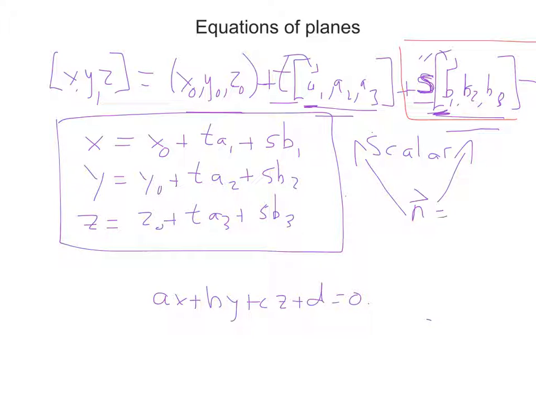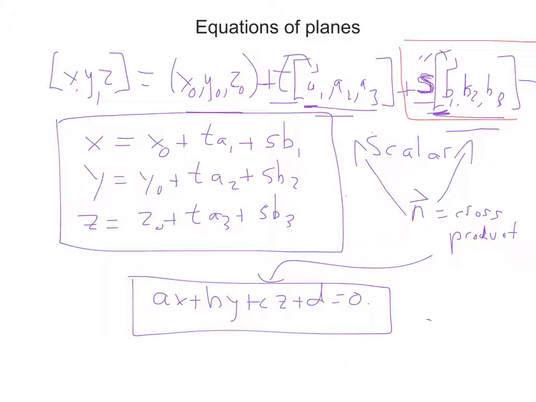So taking the cross product of those will give you a normal vector to this plane, which you can then use for a, b, c in your scalar equation of your plane, and you would just have to solve for d.